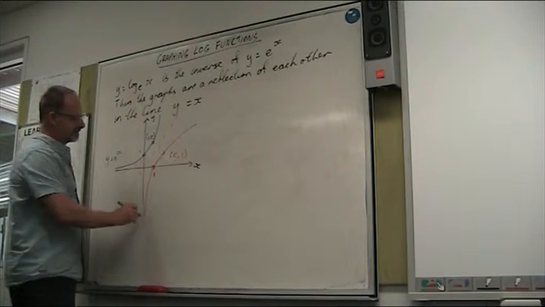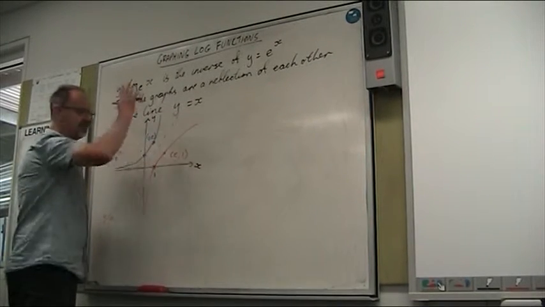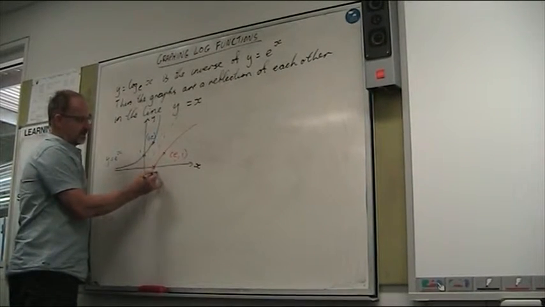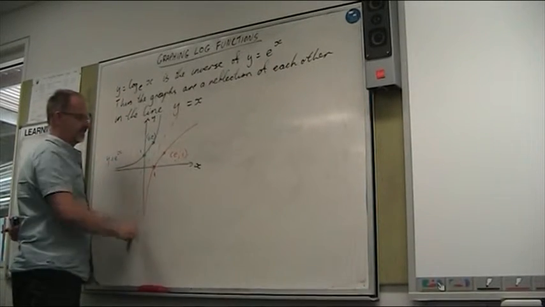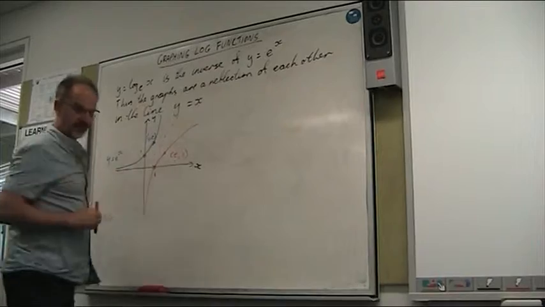So log graphs, unless they've been translated, intersect the x-axis at 1, have a vertical asymptote, and they curve around that way.